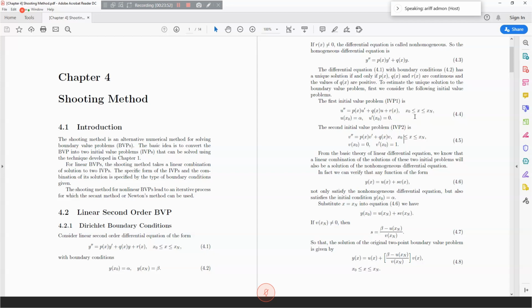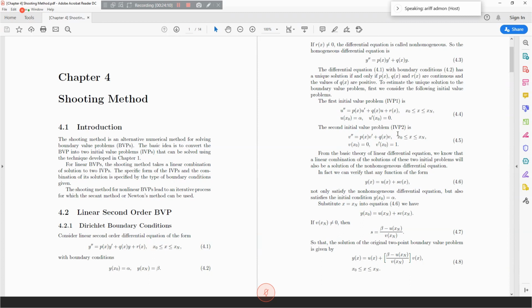Available lah. You can use software. But normally during the exam, we will give the specific method that you need to use to solve both IVPs. We'll give you the specific method.